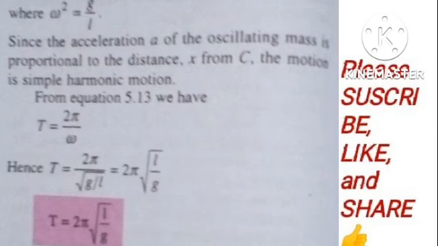Only the length of the string can change the period of motion. This concept is very widely known in the oscillation of systems and is usually applied when you want to alter the nature of systems. You can just alter the length, because the length is directly proportional to the period. When you increase the length, you're going to increase the period. So the period of motion is only dependent on the length.